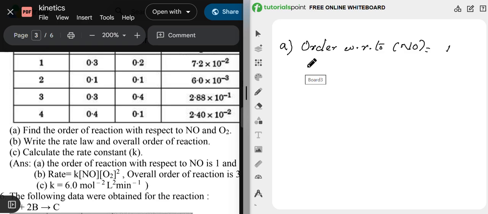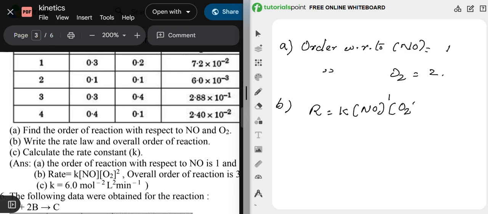And the order with respect to O2 is 2. Now the second part of the question, write the rate law. Rate law is equal to K into NO raised to 1, O2 raised to 2.